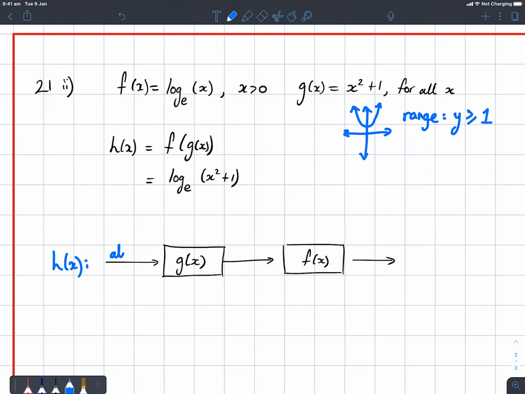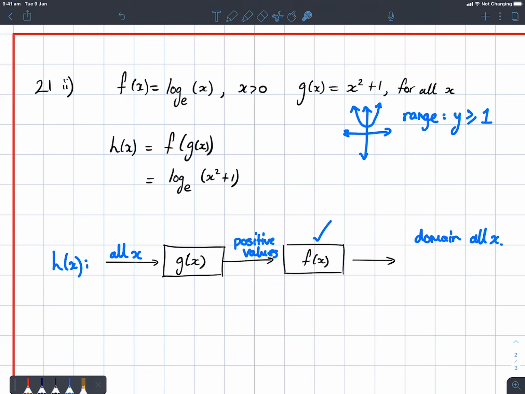well, I can put all x into g of x, and when any x goes through g of x, its output becomes positive values. The output of g of x is always going to be a positive value, and because it's always going to be a positive value, f of x is going to work. And because f of x is going to work, our domain is all x, because of the fact that g of x is a parabola.